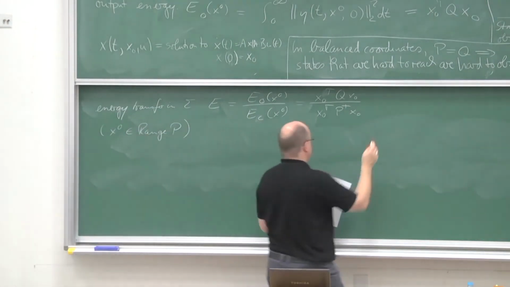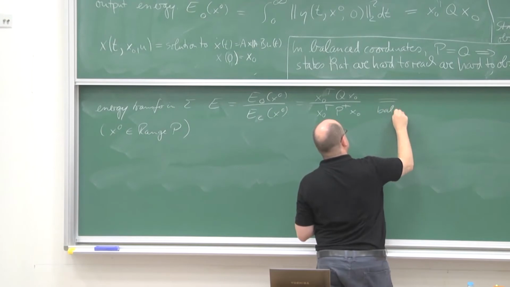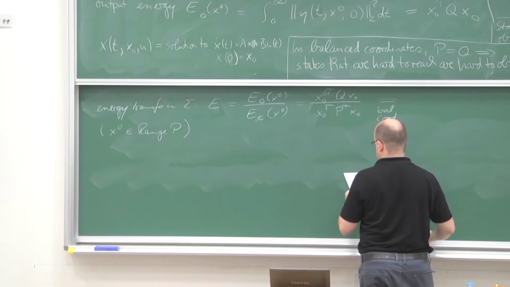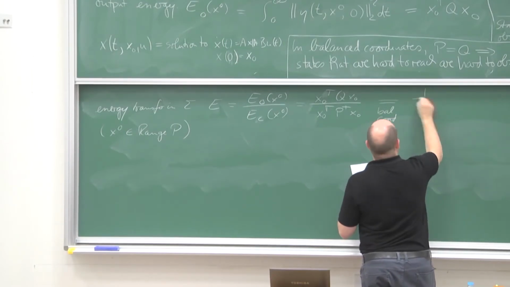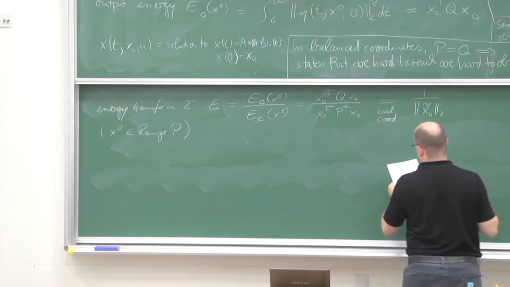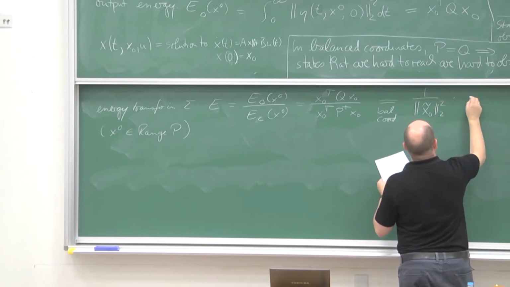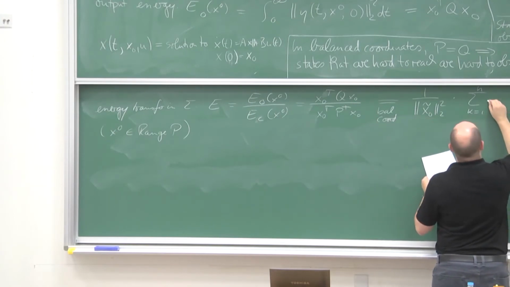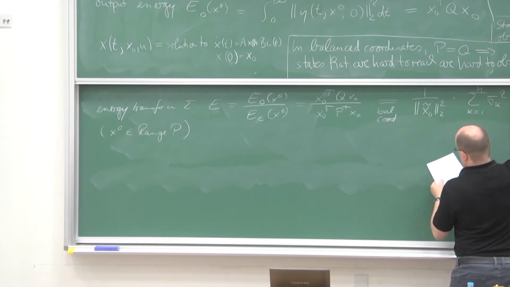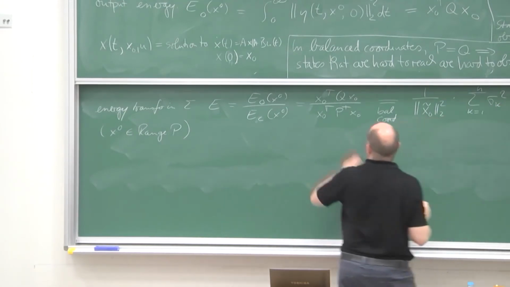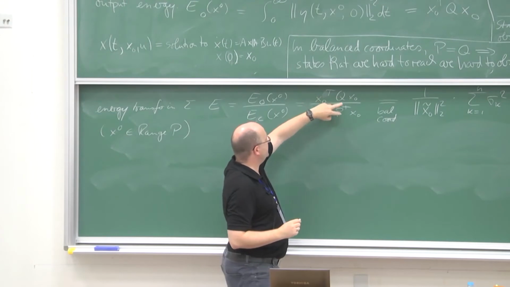And in balanced coordinates, this is just, and that's a calculation that you can do yourself, 1 over the norm of x tilde squared times the sum of sigma_k squared x_k squared. If you apply balancing, you make Q and P equal.